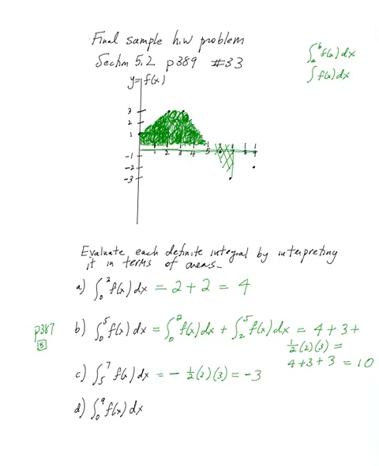So the definite integral from 0 to 9 of the function is going to be the total area above the x-axis minus the total area below, the net area, in other words.